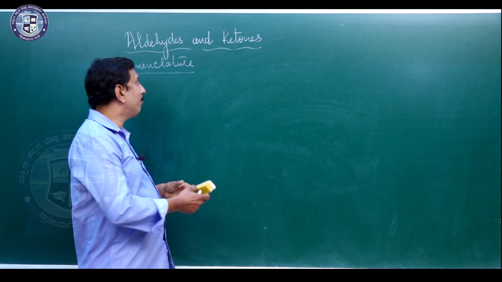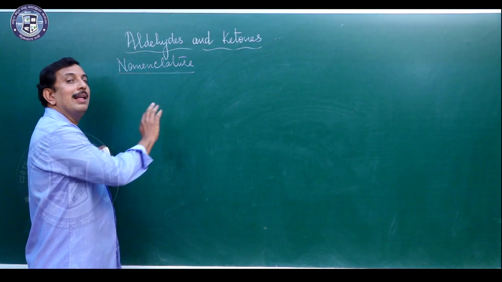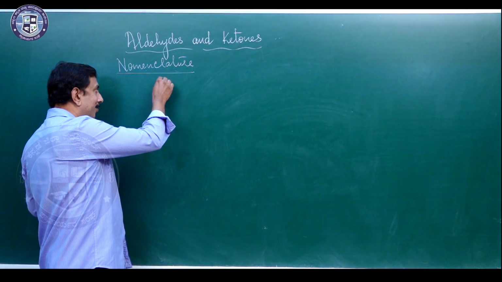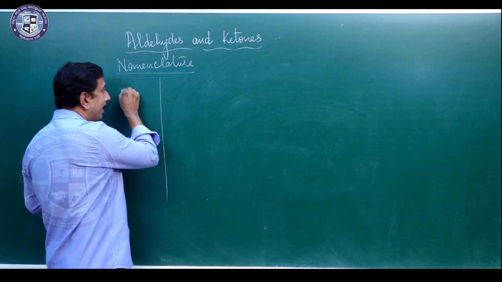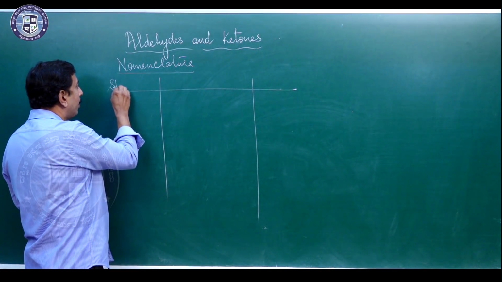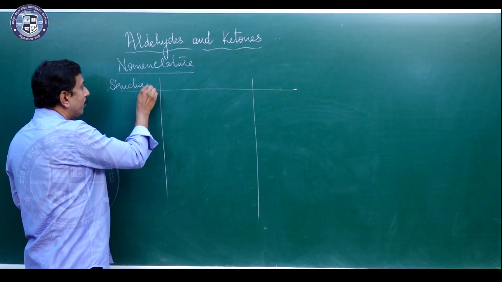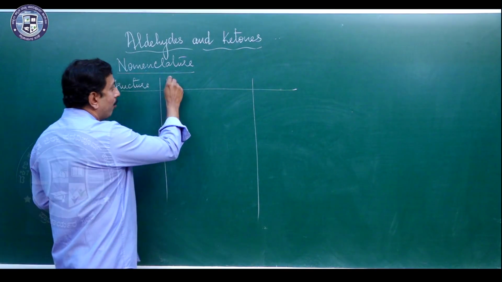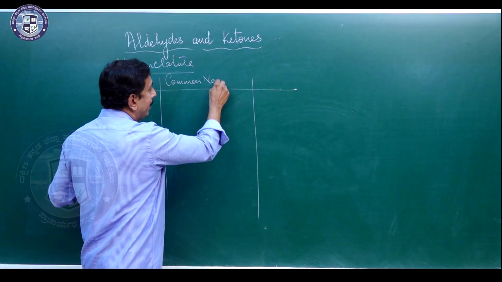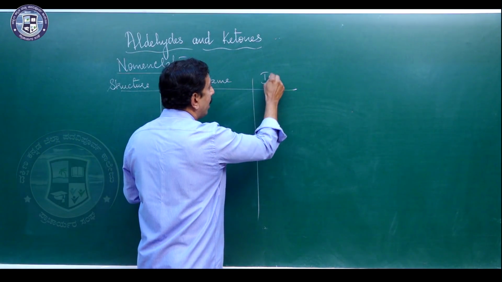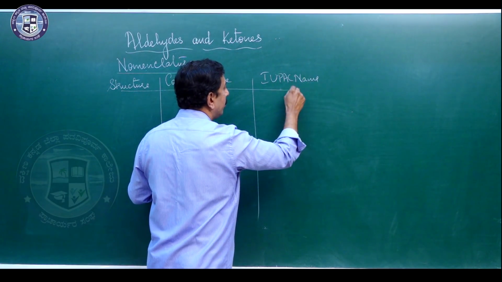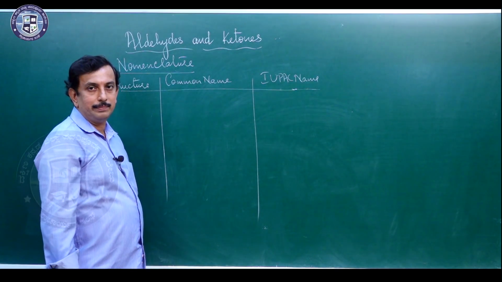So let me start with a few examples, and in the discussion itself I will bring in the common names of these aldehydes. Let me start in this format here. I am starting with first the structure of the corresponding aldehyde, then we have the common system or common name or trivial name, and then we have what we call the IUPAC name. This is how we are going with the nomenclature part.